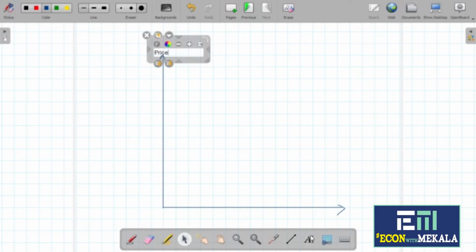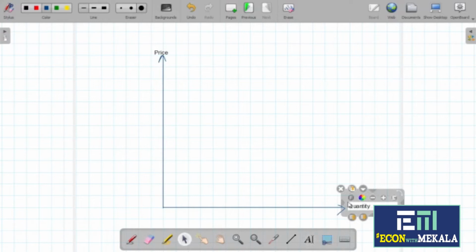Price and quantity. I'm going to construct a demand curve with a downward slope. So this is my demand curve and I label it as D, the original demand curve. First I'm going to pick a price and show you at this price how much will be the quantity demanded.